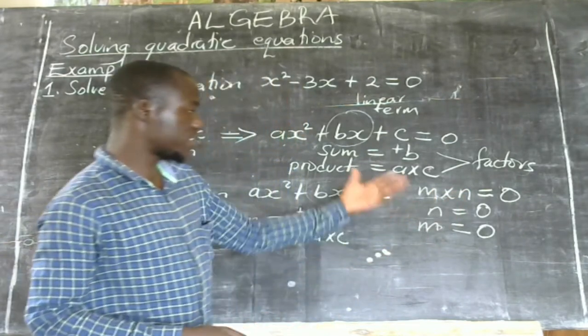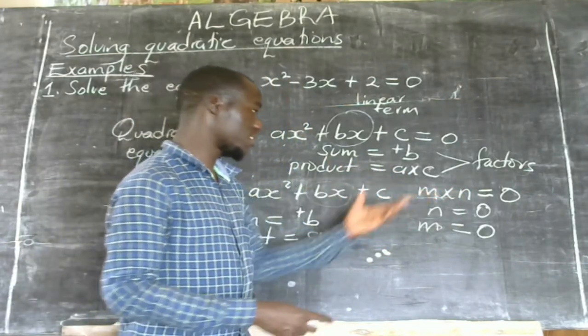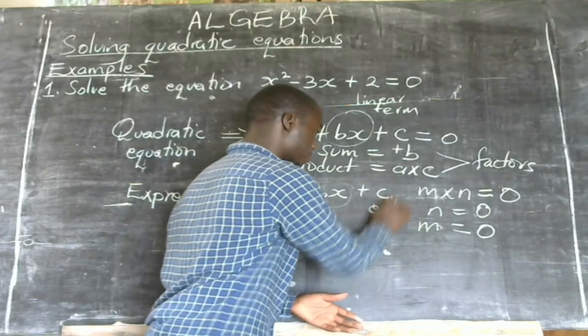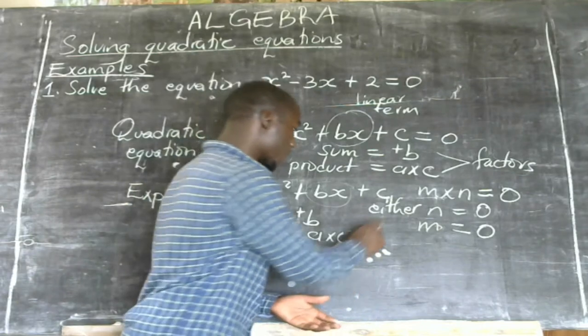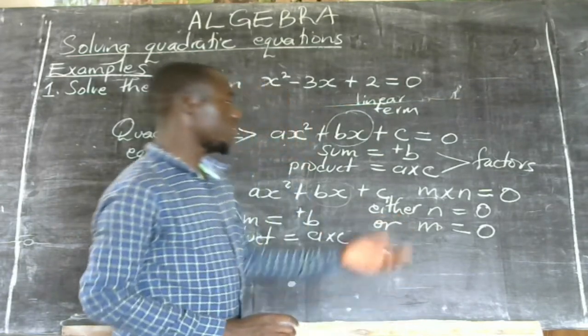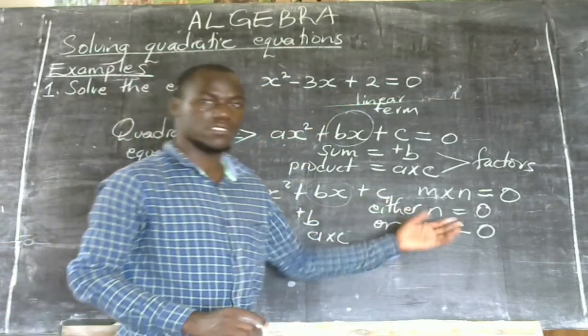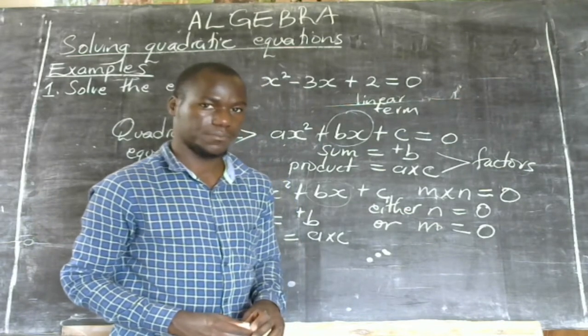So we shall reach some stage after factorizing where we say one bracket, or one factor, is equal to 0, and also another bracket or factor is equal to 0.